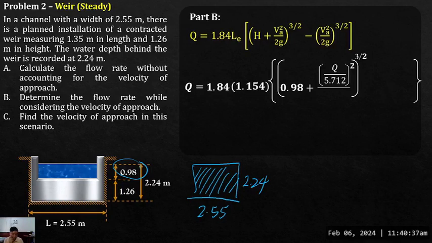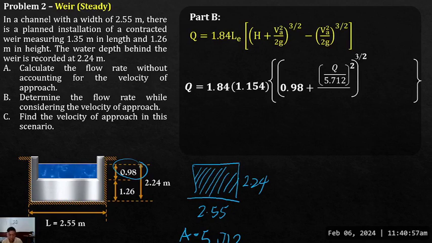So, dyan galing yung 5.712. Area is equal to 5.712. Okay, kaya may area tayo na 5.712. Okay, so that is for the velocity.